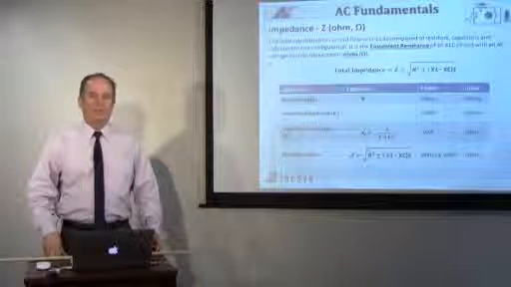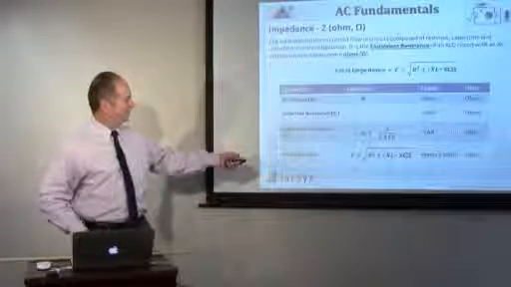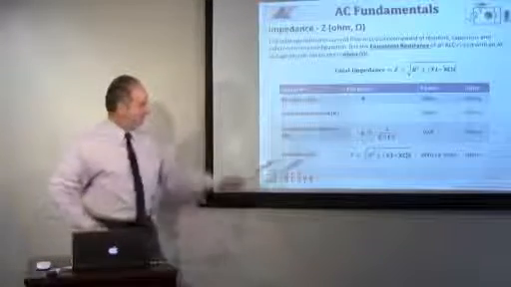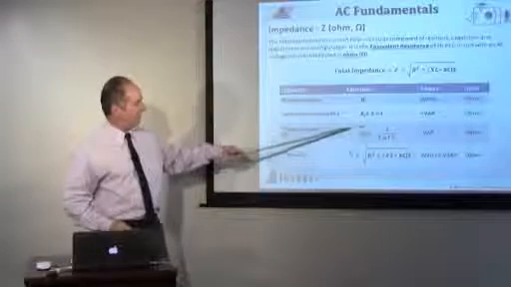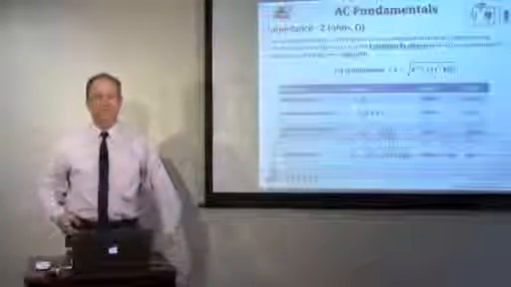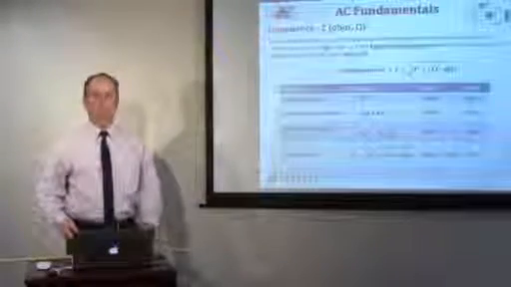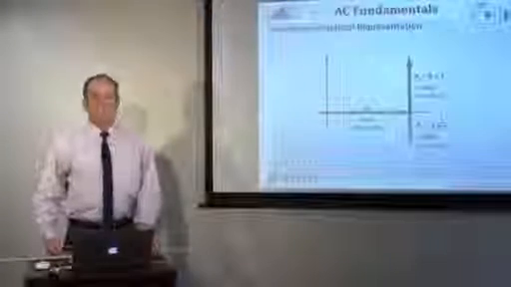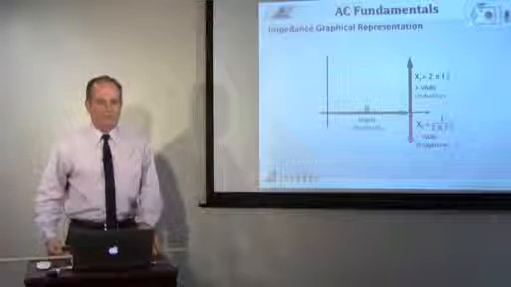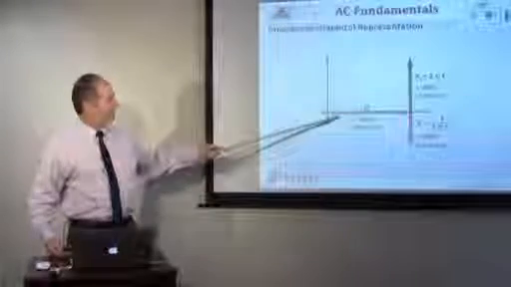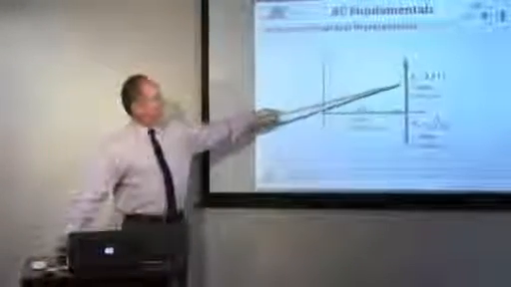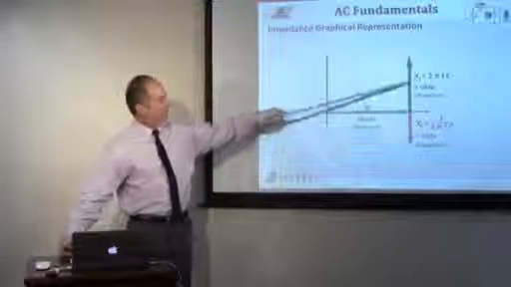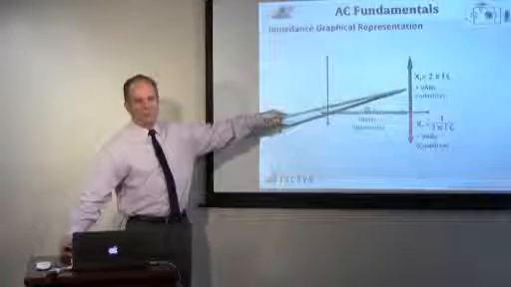Okay, and the formulas here for capacitive reactance and inductive reactance. Okay, and I think we covered those pretty good. When we put it all together, what do we get? We have resistance on the horizontal, and we have the capacitive and inductive VARs on the vertical.